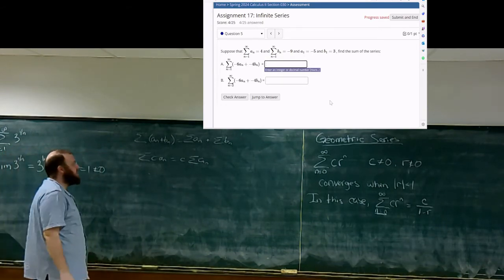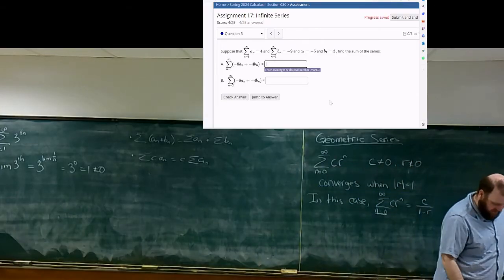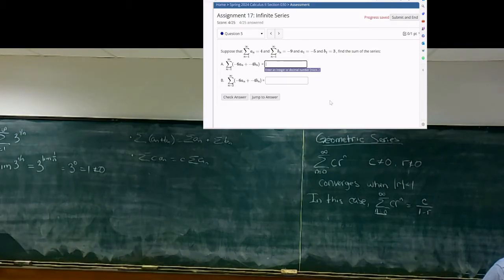Those are the linearity properties. So they tell us that the sum of an is 4 and the sum of bn is -9. This sum would be -6 times 4 plus -4 times -9. So -6 times 4 is -24. What is -4 times -9? 36. -24 plus 36.